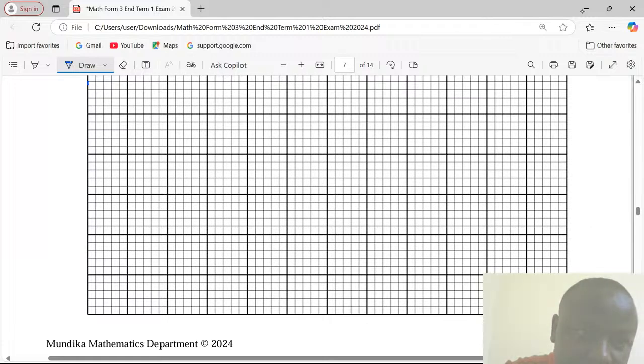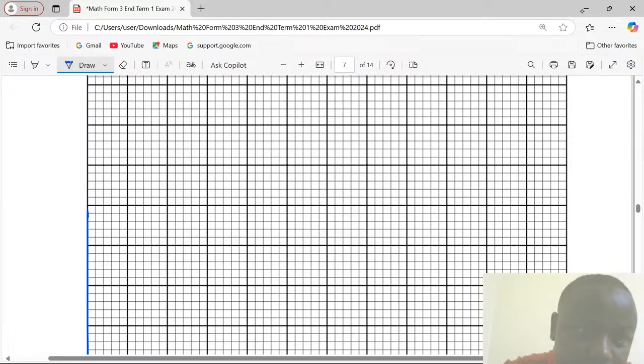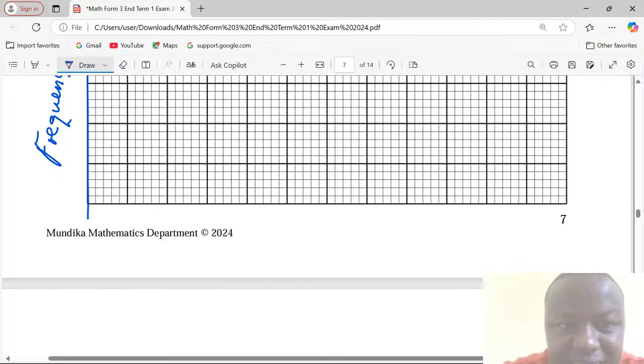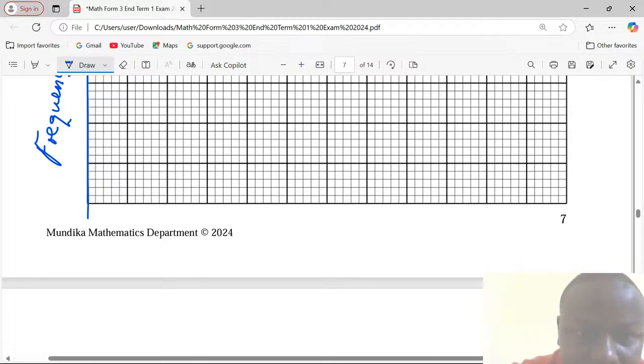So if I draw the axis here, on the vertical axis, I'll be having frequency density at this point. Then on this other axis, I'll be having the class boundary, so simply the masses in kg.